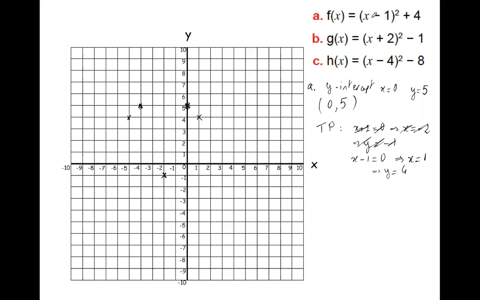So when x equals 1, 1 minus 1 is 0, I get 4. But when x equals 0, I'm confused now. So where's the turning point? 1. Yeah, 1, y 4.